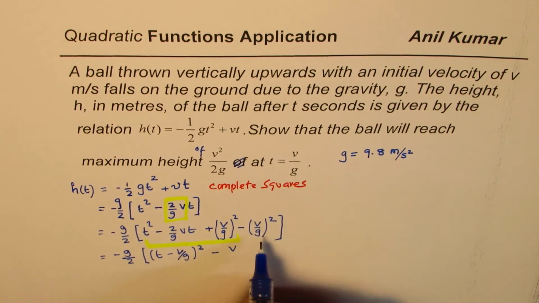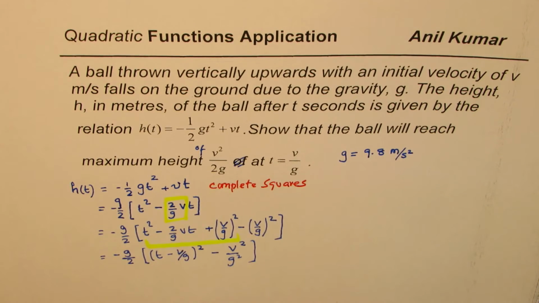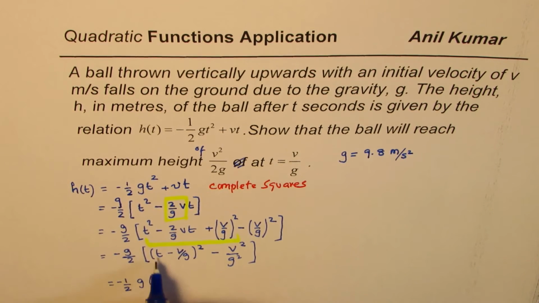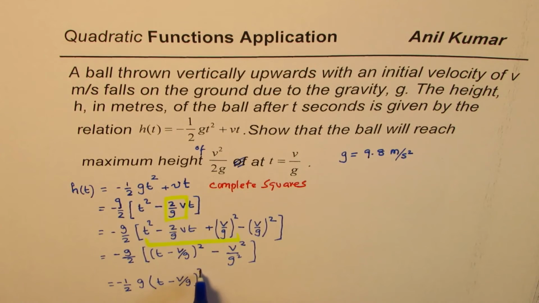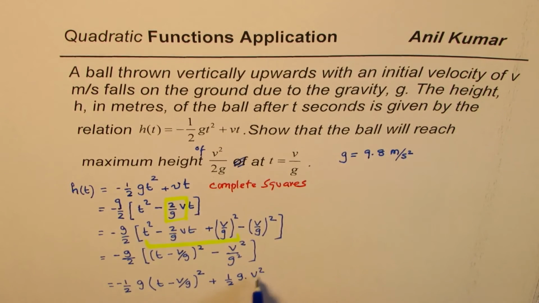We'll multiply with this term later, v square over g square. Now if you expand it, this is written as minus half g times t minus v over g whole square, and when you multiply by that term, it becomes plus half g times v square over g square.